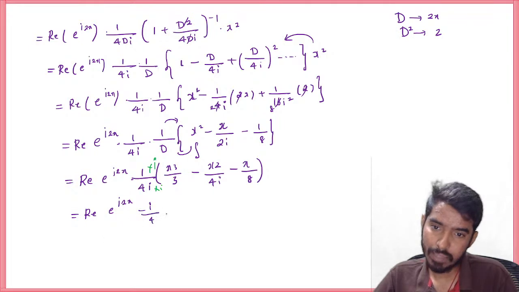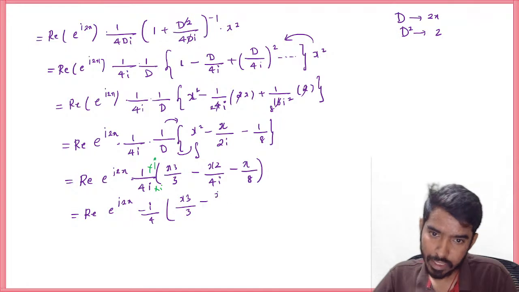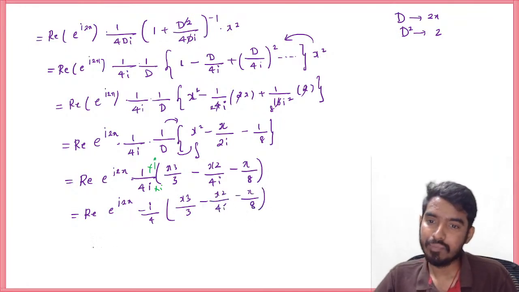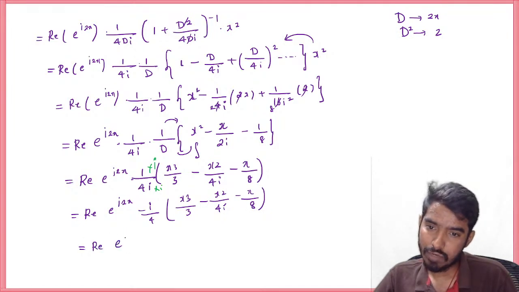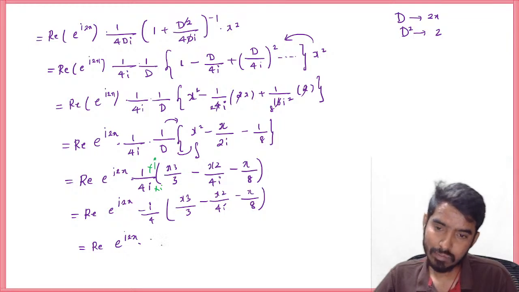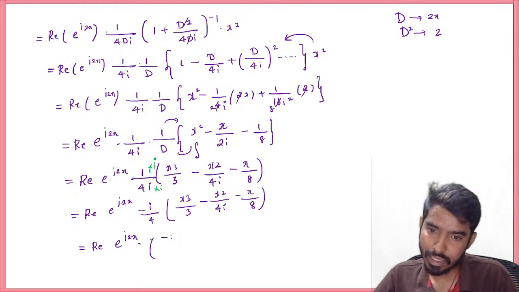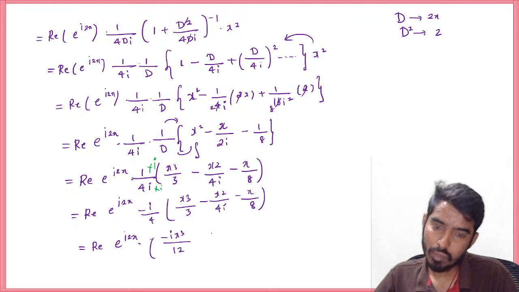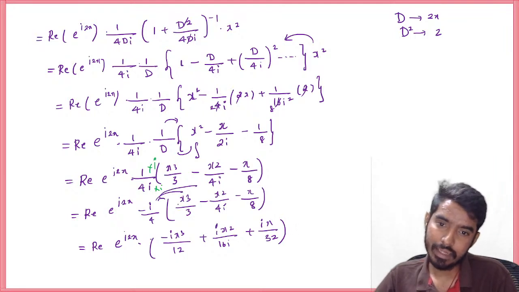So we have to multiply minus i by 4 with x cube by 3 minus x square by 4i minus x by 8, right? This will be real part of e power ix into, if we multiply this minus i by 4 inside, we will have minus i times x cube by 12 plus i times x square by 16i plus ix by 32, right? This is what you will have to multiply this term.